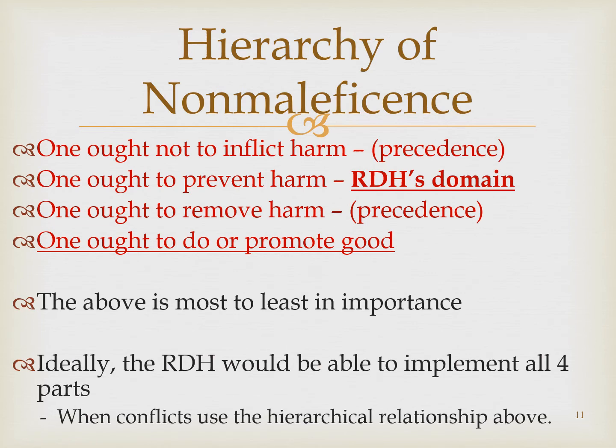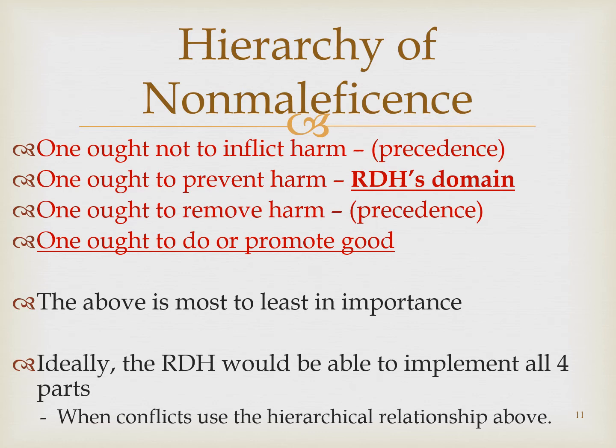So there's a hierarchy to non-maleficence, and it's like 1, 2, 3, 4. Number 1 being the most important always. If you're trying to make a decision, one ought not to inflict pain. That takes precedence over everything. The second thing you need to think of is one ought to prevent harm, which is really the hygienist's domain.